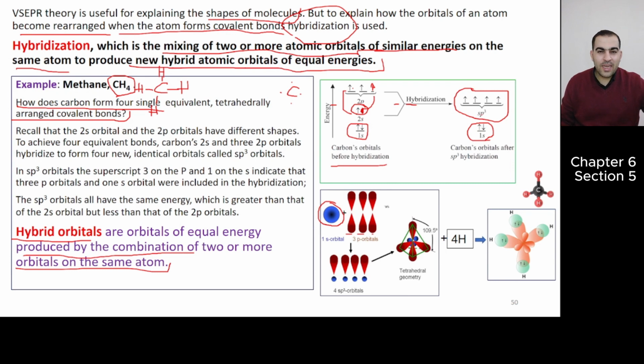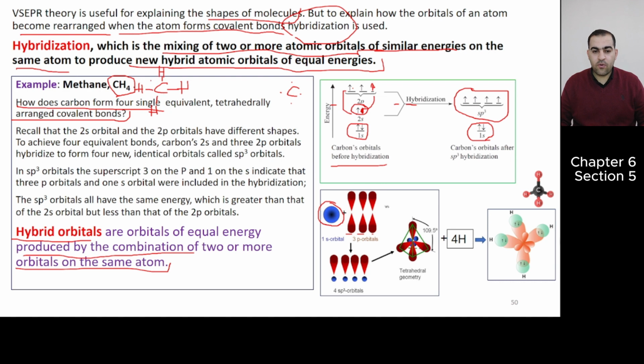Now, what does sp3 mean? sp3 is the name of the hybrid orbitals, or the name of the process, sp3 hybridization, we call it. So when carbon shares 4 unpaired electrons and makes 4 single bonds, it has a tetrahedral shape.